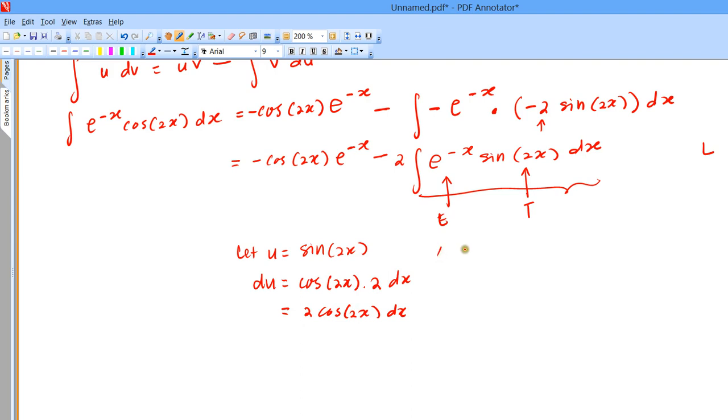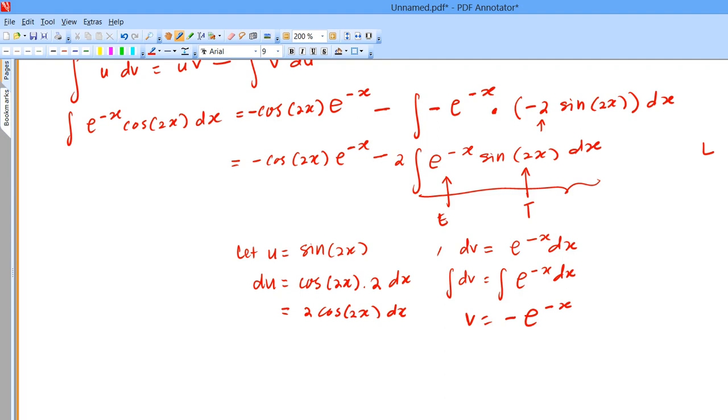Okay, and then dv equals e to the power of negative x dx, and integrate both sides, equal to integrate e to the power of negative x dx, so v equals negative e to the power of negative x.